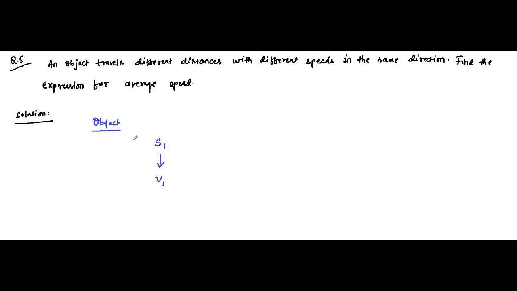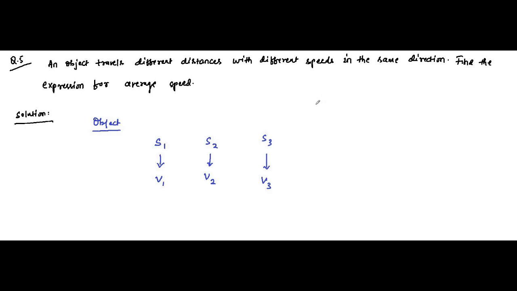It covers first a distance S1 with speed V1, then a distance S2 with speed V2, and then a distance S3 with speed V3, like this. So here all the distances are different from each other, S1 is different from S2, which is different from S3. Also the speeds are different, V1 is different from V2, which is different from V3.